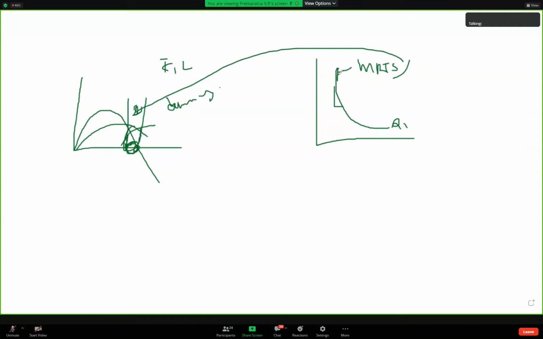Because of that, the isoquant curve has a negative slope. The other thing we must remember is that along the isoquant curve, everywhere the producer is technically efficient.